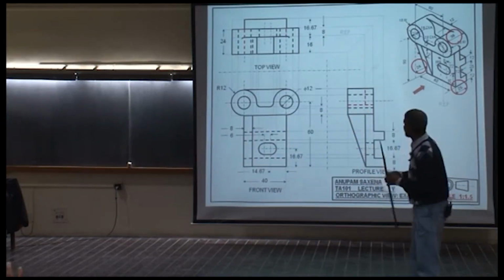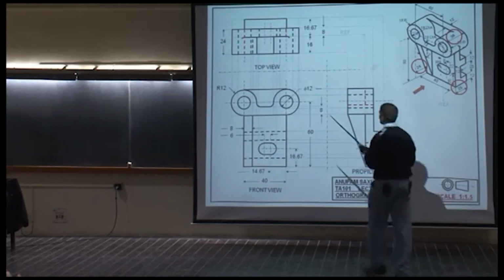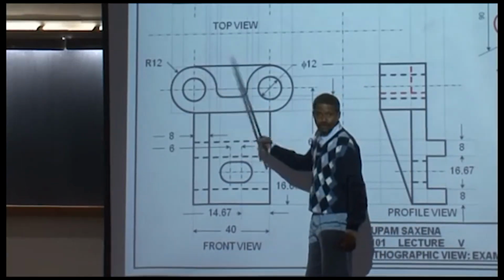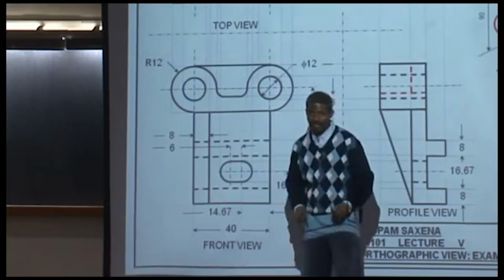So it's just to show that this rib here is tangent to the two cylindrical features on the left and on the right.